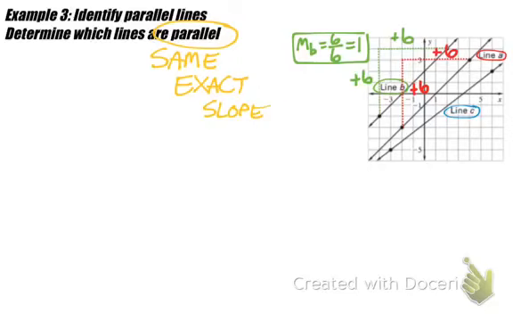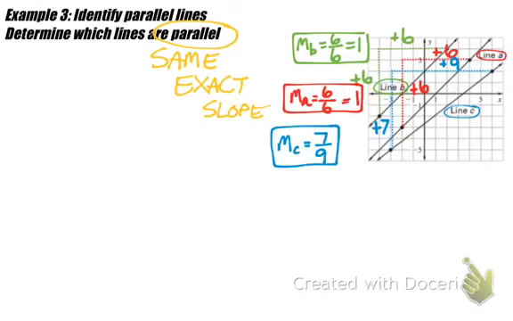So the slope of line A is 6 over 6, which simplifies to 1. Let's check C. From this point to the left on line C, we rise 7 and run 9. So the slope of line C is 7 over 9.